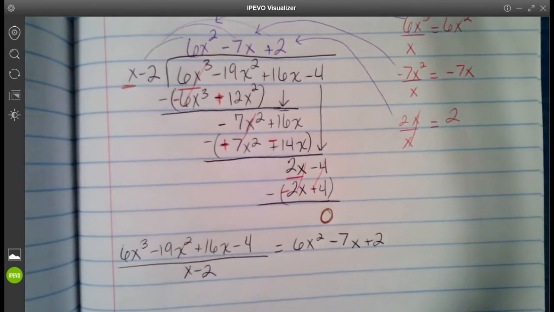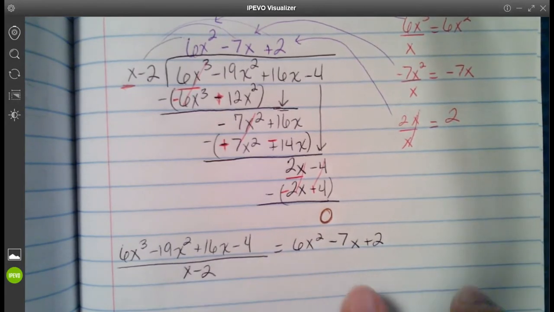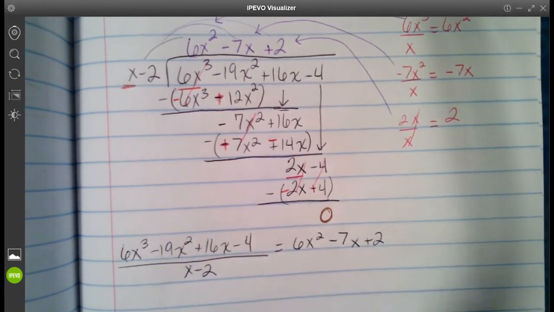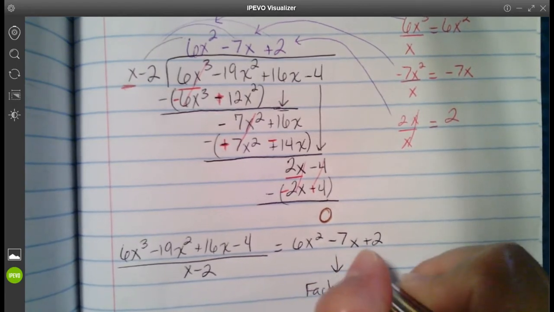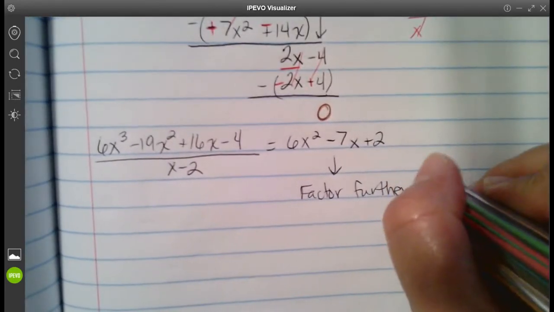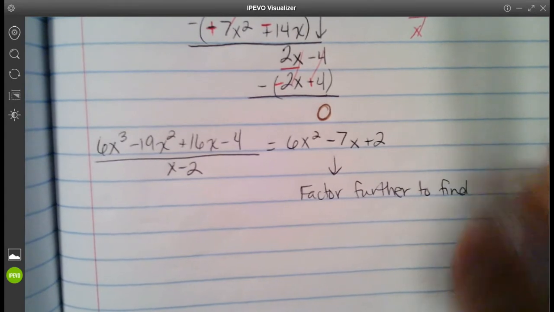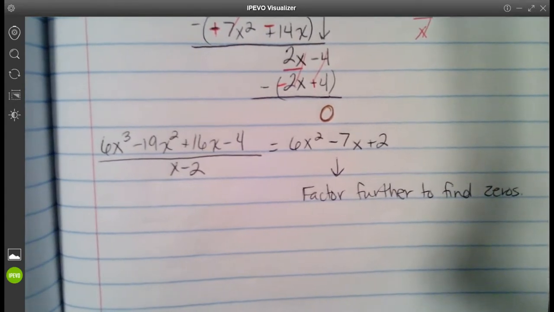So let's see what this means. This means that this right here is a factor, quote unquote, of this. So we're going to see if we can factor further to find the other zeros. So we're going to factor further to find zeros, okay?